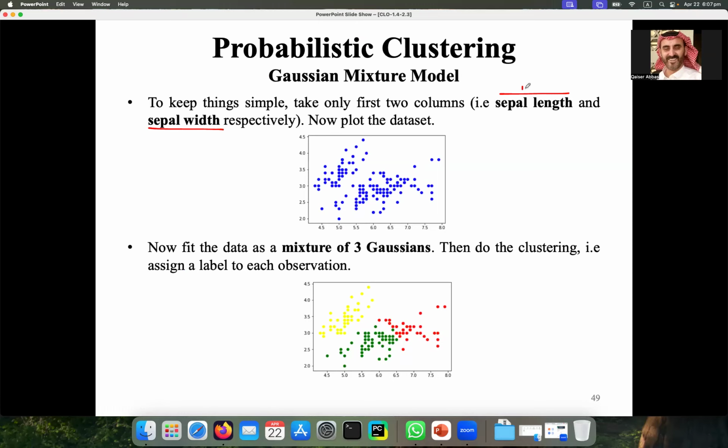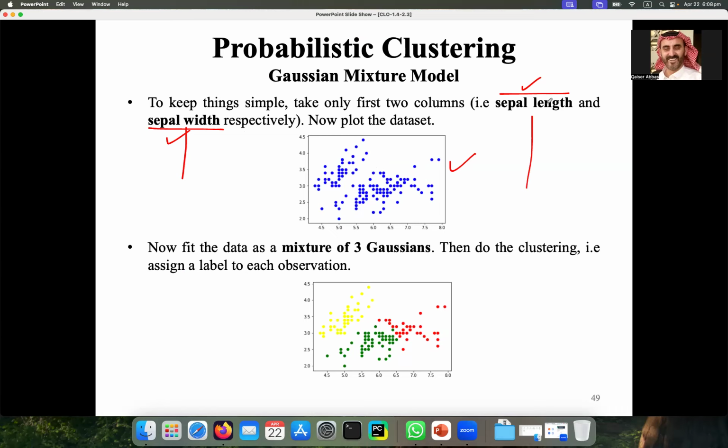So we are considering only these two columns from that database. These two columns have values under them, and we are plotting those values as points, which you are seeing here. These are those values.